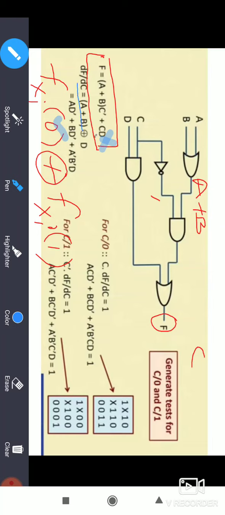Next, whenever c is 1, c bar is 0, so that term is eliminated, and we have only d.